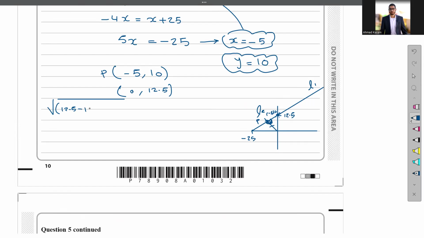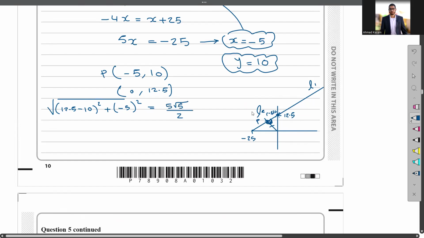the square root of 12.5 minus 10 squared plus negative 5 minus 0 squared. Okay, so 12.5 minus 10 is 2.5 squared plus 5 squared. Square root the answer, it's 5 root 5 over 2.